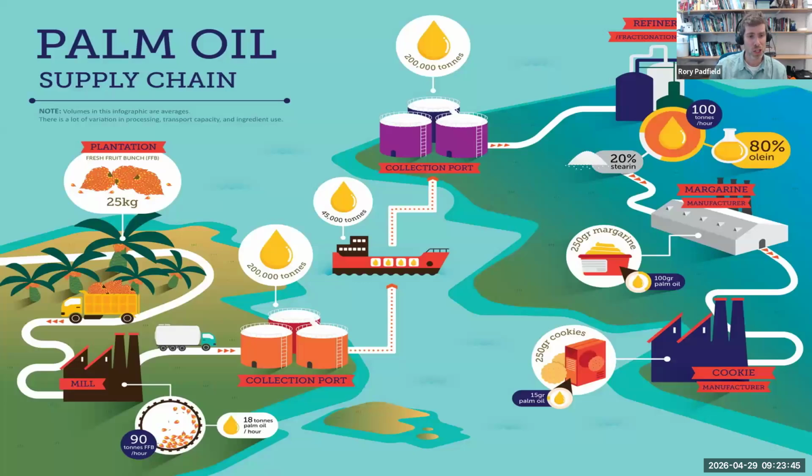In terms of the supply chain itself, it looks quite straightforward. If you go from left to right on the screen, there's the palm crop on the left, the little icon there, you see the truck taking it to a mill, and then it goes all the way through until it's manufactured. The issue here really is at the harvesting. The crop degrades very, very quickly.